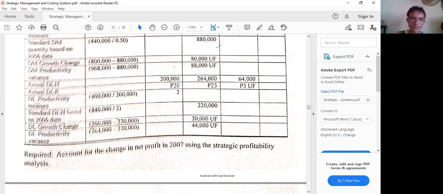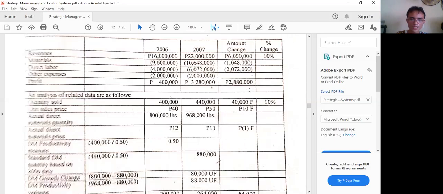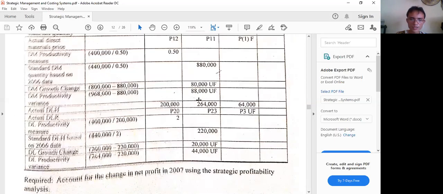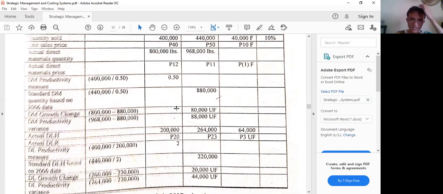So actual direct labor rate has shown 3 pesos unfavorable since the actual in 2007 is greater than in 2006. Then for DL, this is a measure. DM productivity measure that is at 2.